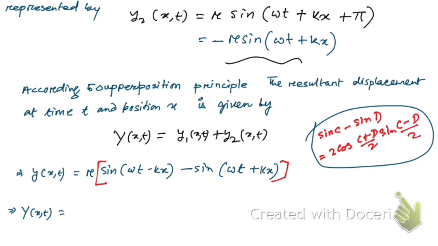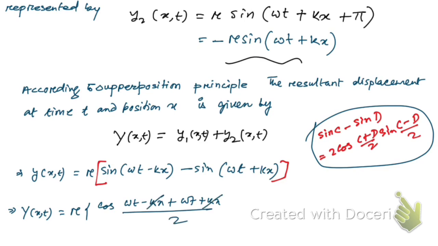So y of x, t is r times, within bracket, cos of (c plus d) by 2, that is omega t minus kx plus omega t plus kx, divided by 2.